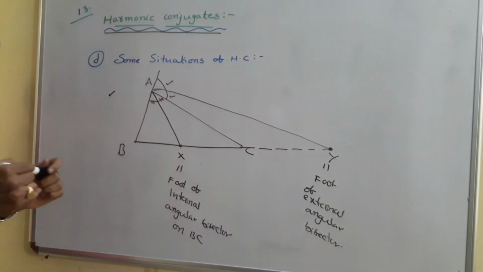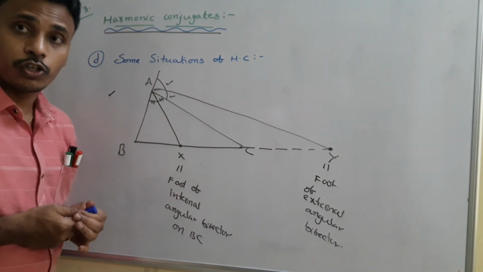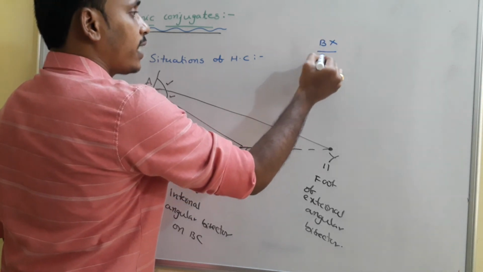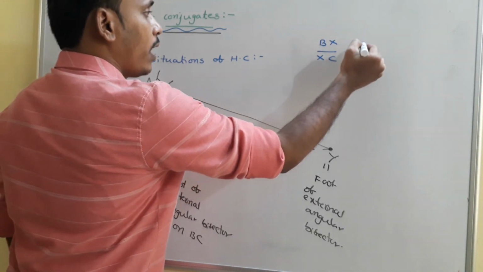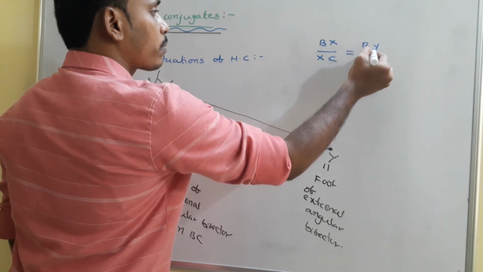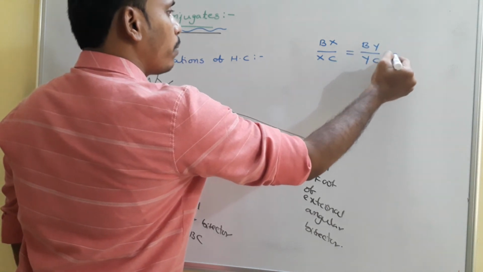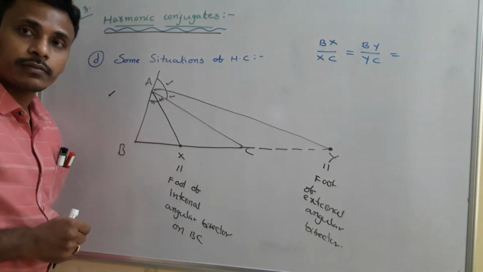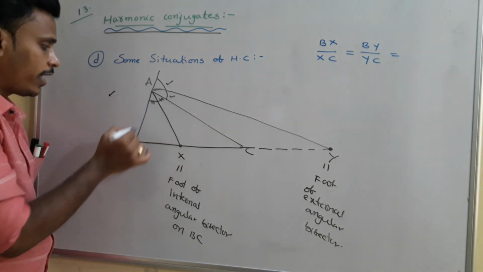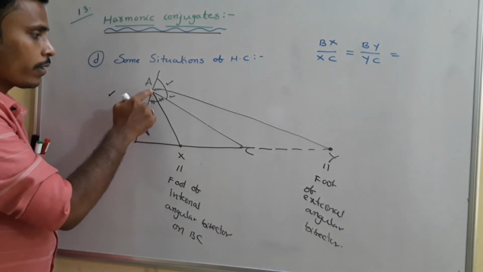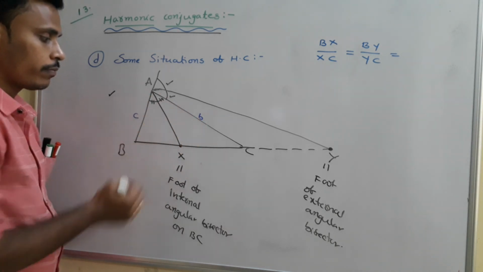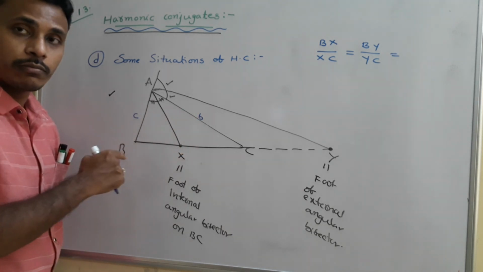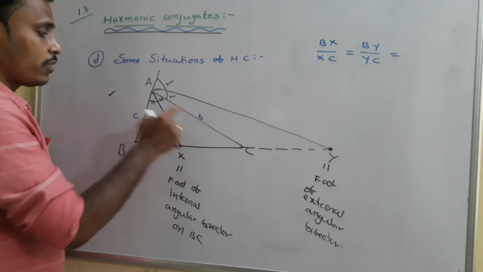Now from geometry you have the ratio. We have the internal angle bisector theorem as well as the external angle bisector theorem. According to the ratio, BX by XC is equal to BY by YC, which is the ratio between the two sides. AB is small c and AC is small b, the sides represented by B and C, as you learned in geometry.